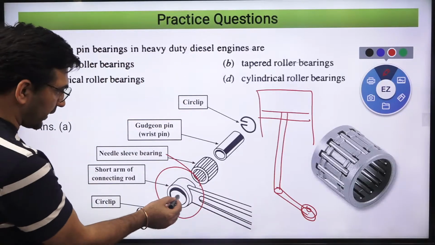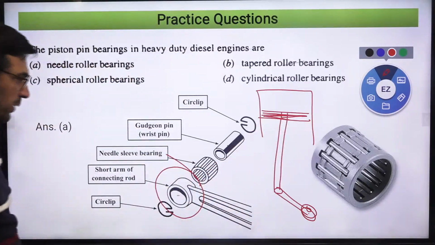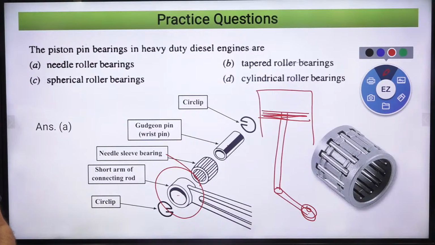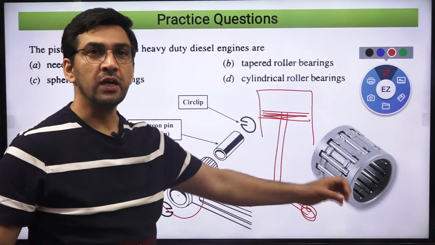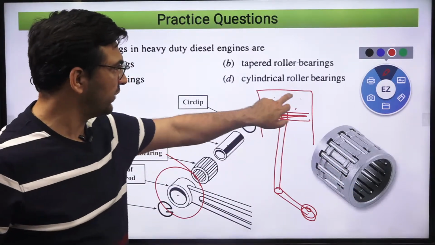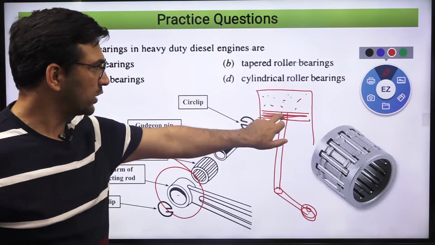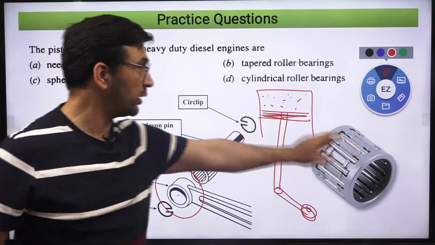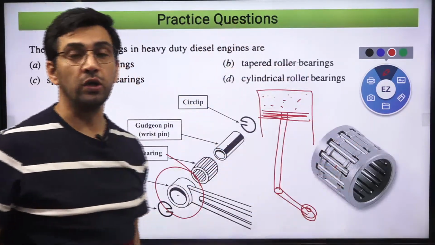Over here, where you are connecting the piston pin, you don't have sufficient space. To accommodate that, the only option is the needle roller bearings, because space is less and loads will be very heavy, as significant load is going to be there because of the combustion taking place. So the most suitable bearing in case of heavy duty diesel engines is the needle roller bearing.